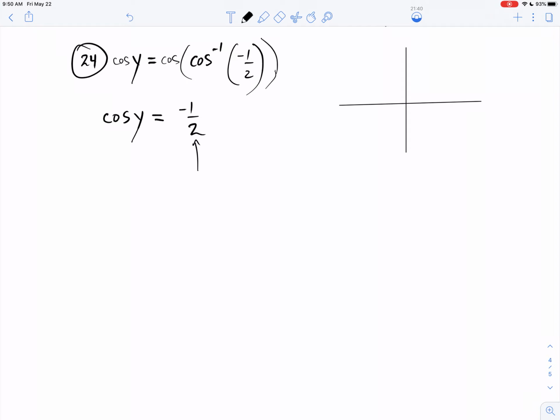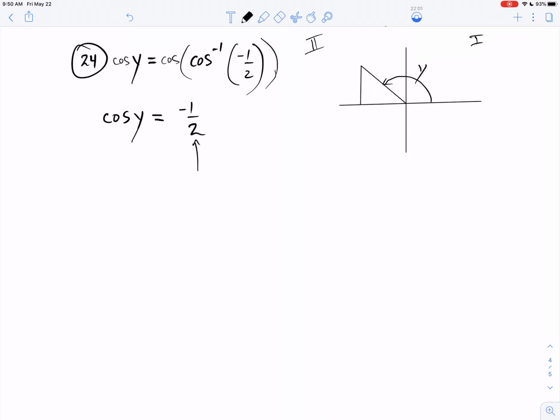Now, cosine is going to be positive in quadrant 1, but what's the other place I'm supposed to look? Look on their chart. If it's negative, I'm supposed to look in quadrant 2. So here we go. I draw some angle. This is the angle they're talking about. I don't know what that angle is, but it has a terminal side.